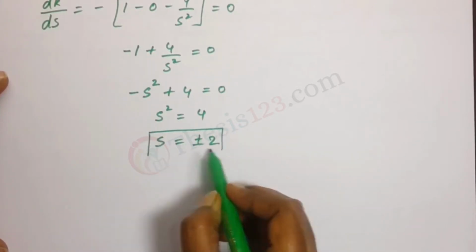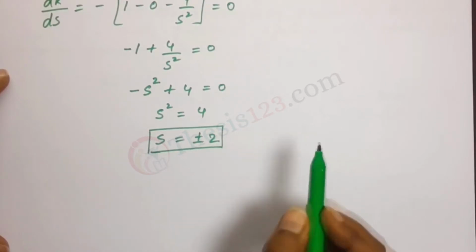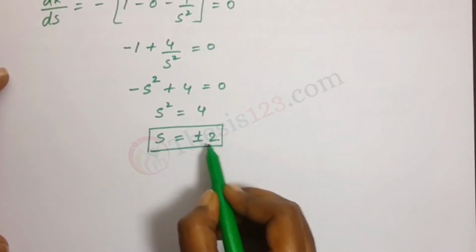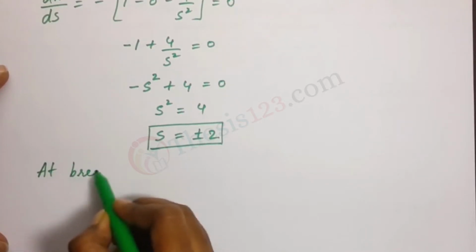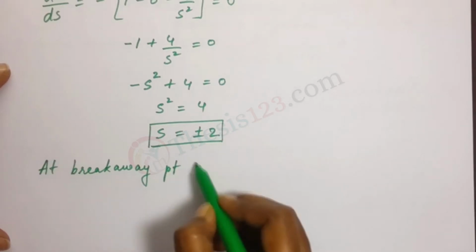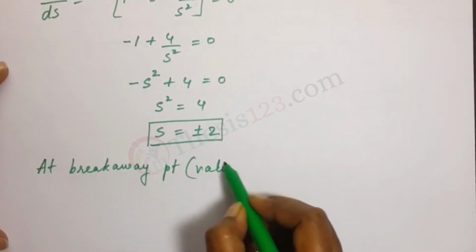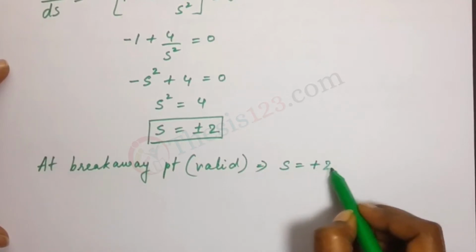So these are the values of s, plus 2, minus 2. But at the breakaway point, we have to consider only the positive value. So this is the valid breakaway point. s would be +2.